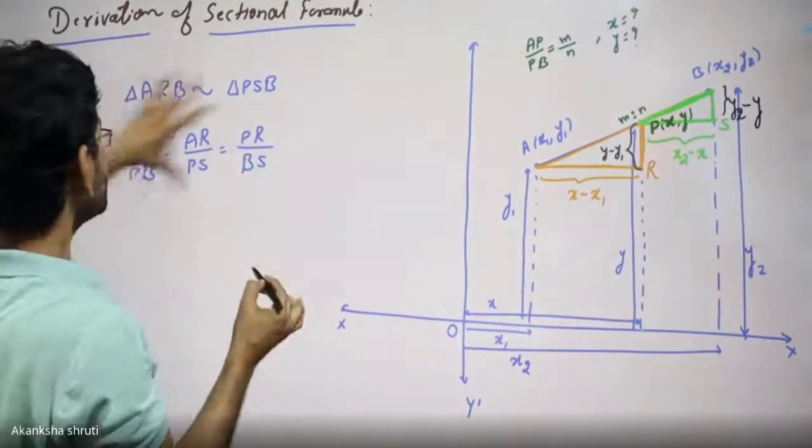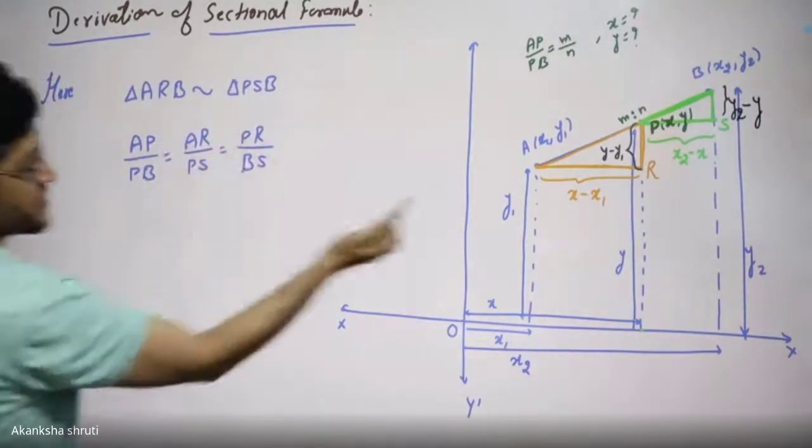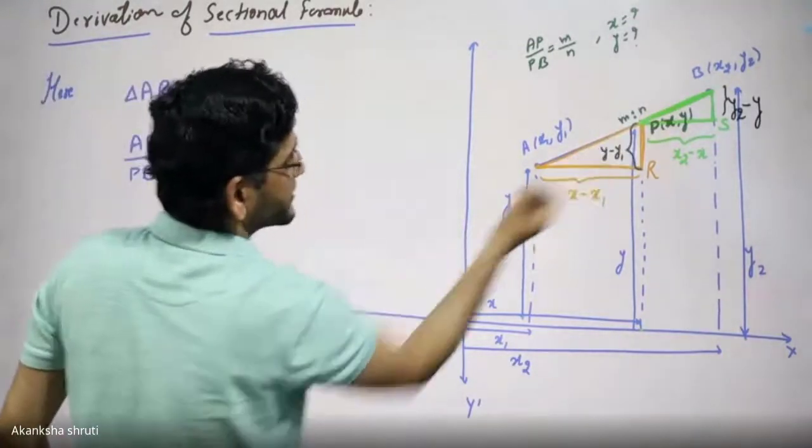Now, this is the property of similar triangles we have used, but this can be substituted in terms of coordinates and this ratio.